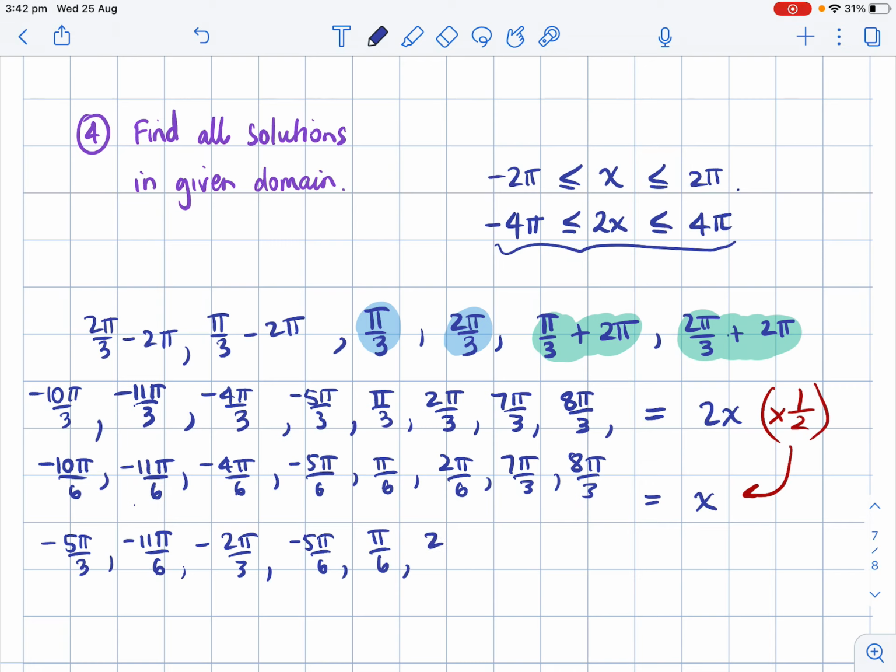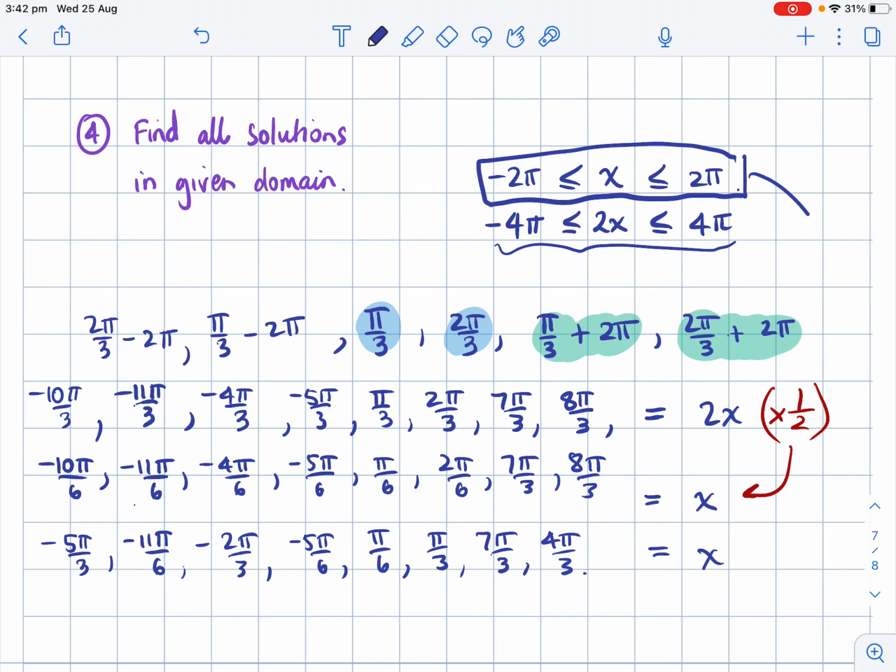And we get all of my answers. 2 pi on 6 can be simplified. And 8 pi on 3 can be simplified. And now they are all my answers for x, and all of my answers fit within this original domain of 0 to 2 pi.